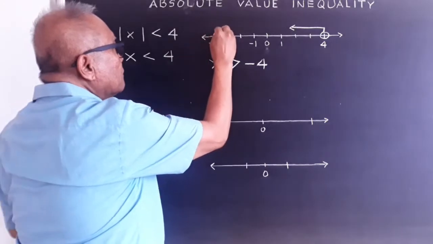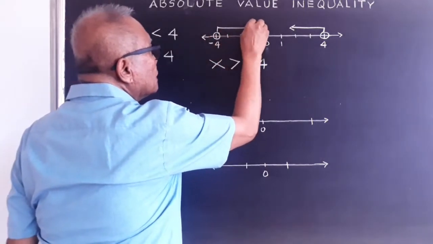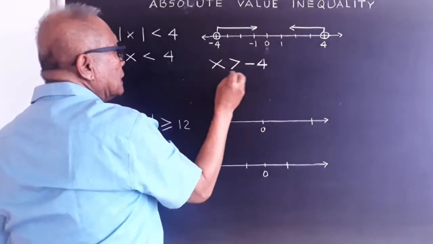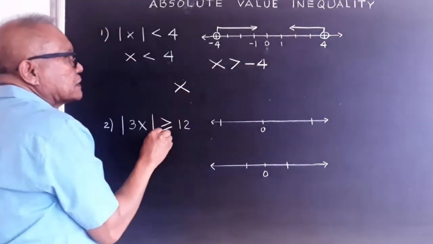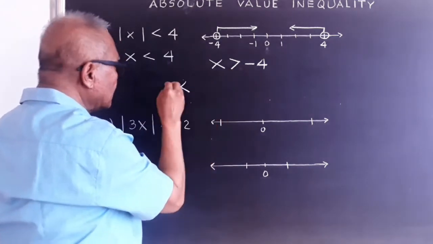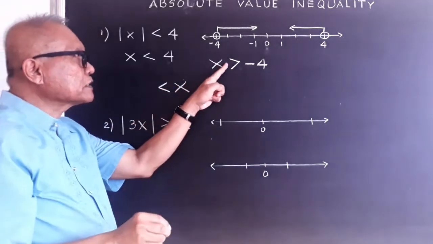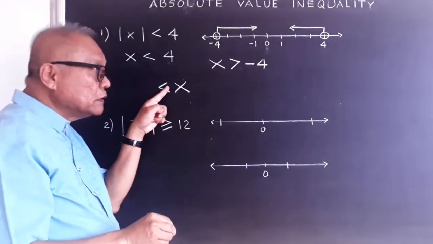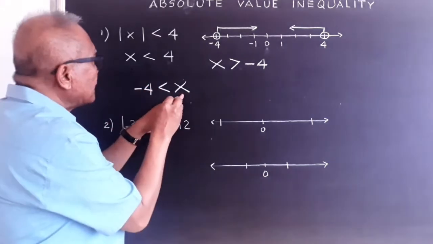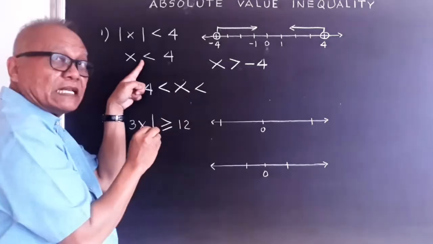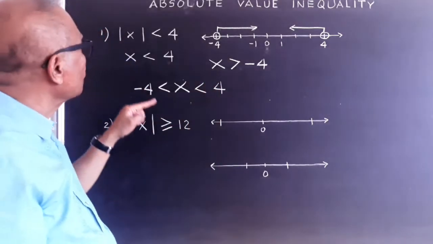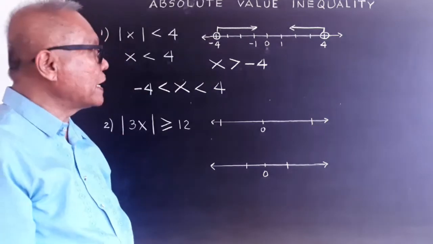So our x here will be greater than -4, but x is less than 4. And this is our solution for this number 1.